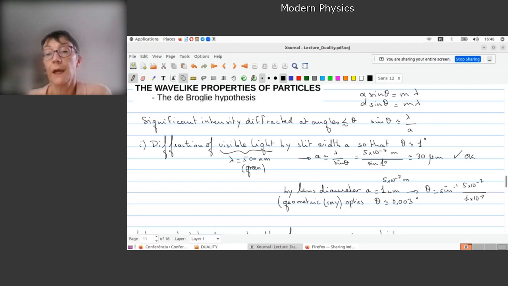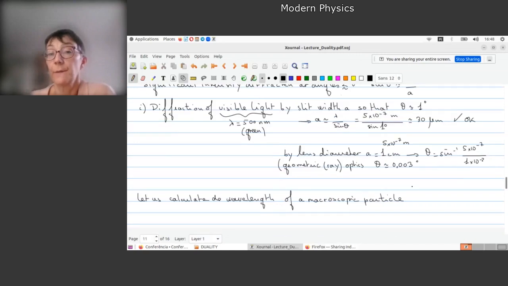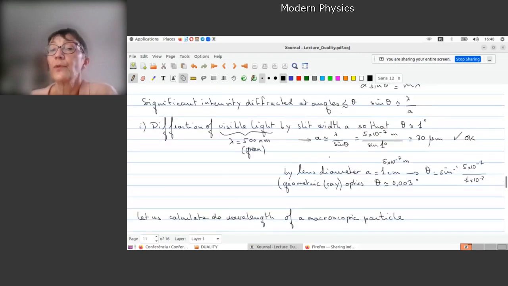So this A is much larger than the wavelength, and so you won't observe any diffraction effect. Knowing that, we are now going to calculate why you don't observe it. De Broglie said that particles have a de Broglie wavelength.